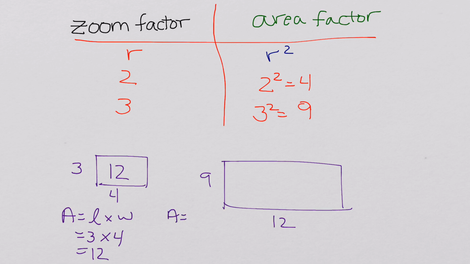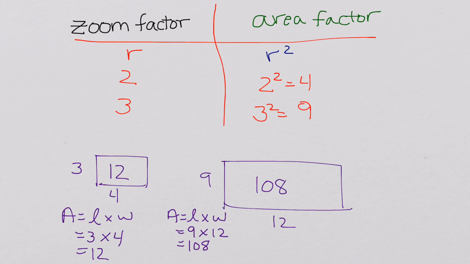So area equals length times width equals 9 times 12, which equals 108. Okay, so we now know these two numbers. If I go back and check to see if this is correct, I can check it this way. I know the area of the smaller shape. Over here, it's 12.